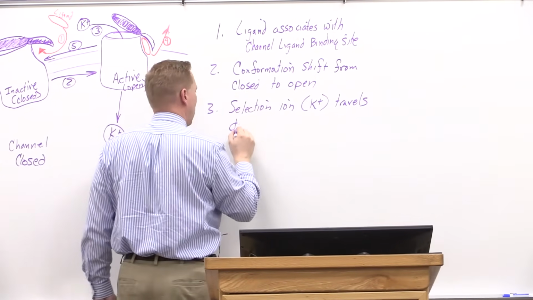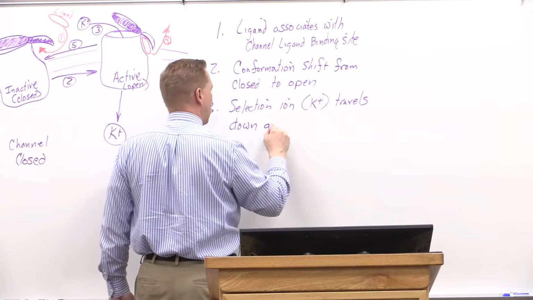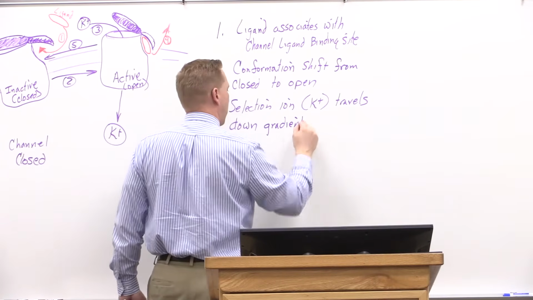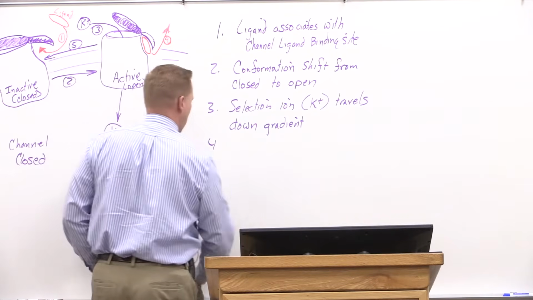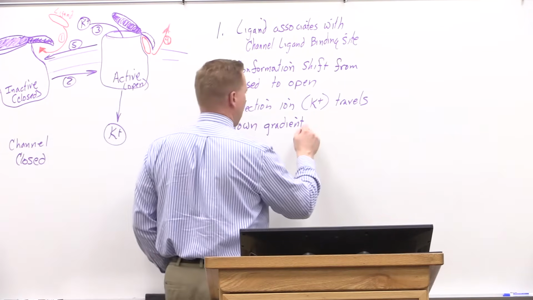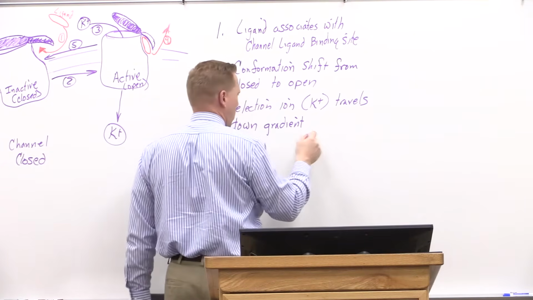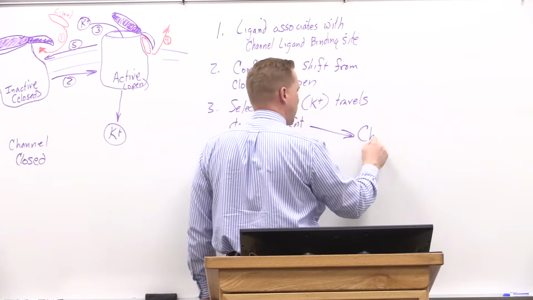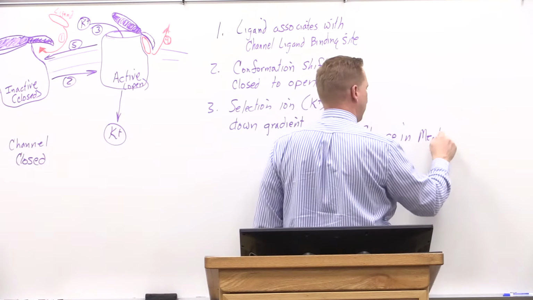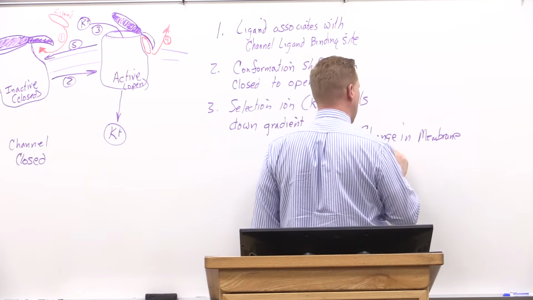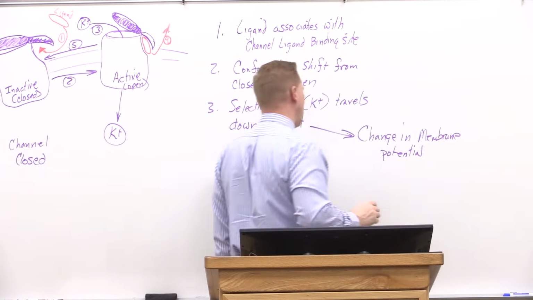And then in step 3, we are going to have the selected ion, in this case potassium, travel. We learned in our last unit that this is a passive transporter, so it's going to travel down the gradient. In this case, when that potassium enters, we're going to have a signaling event. We don't have much going on right here, but this would lead to a change in membrane potential. So it leads to some kind of effect, and that's different for every mechanism.